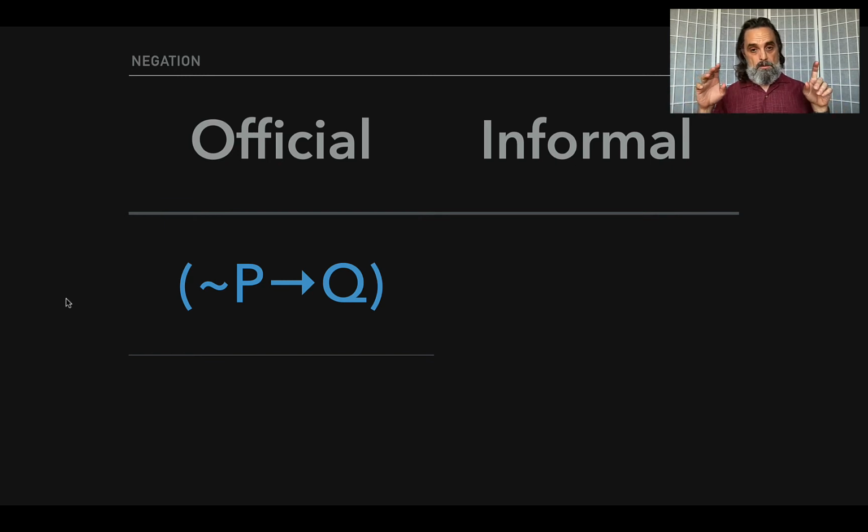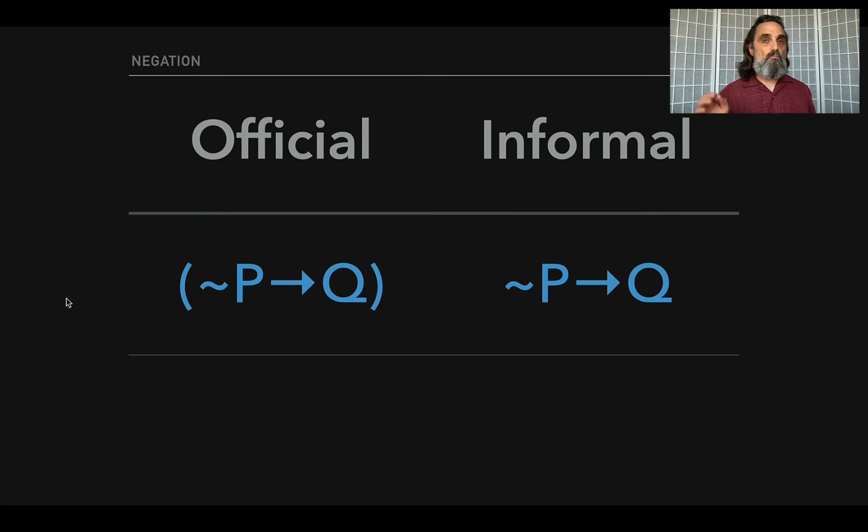Those parentheses came from the conditional, were added at the last stage of building the sentence, and so since they're on the outside, we can drop them, giving us that. So that on the right side of the screen, negation P, arrow, Q, that's short, that's informal notation for the conditional with the parentheses.